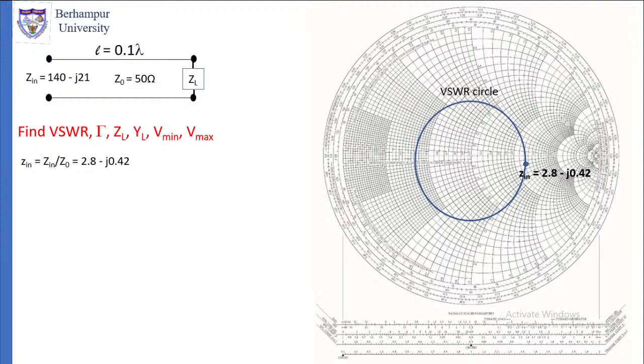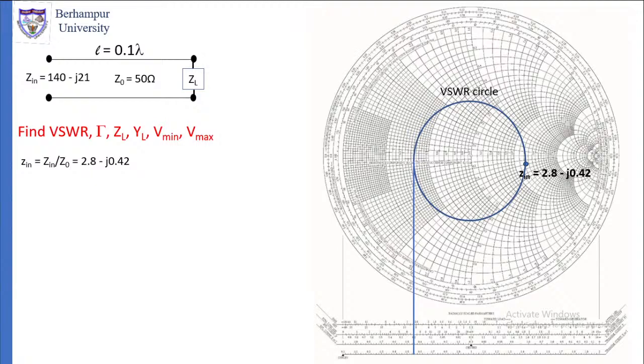Put your compass there, take a radius up to Z in, then draw the circle through Z in with the center at 1, which is the center of the Smith chart. So we have drawn the constant VSWR circle, which passes through Z in equal to 2.8 minus j 0.4. These are the simple things that you will do.